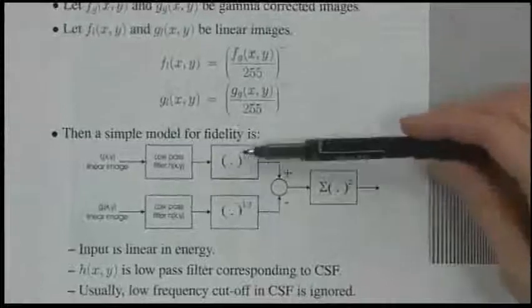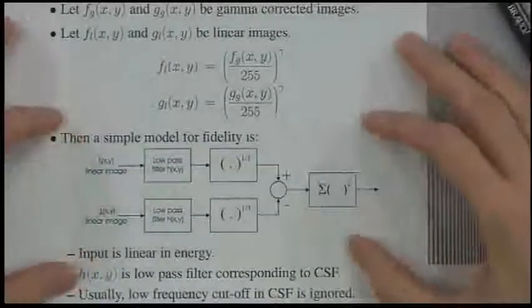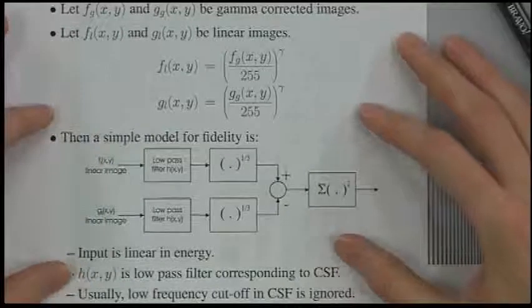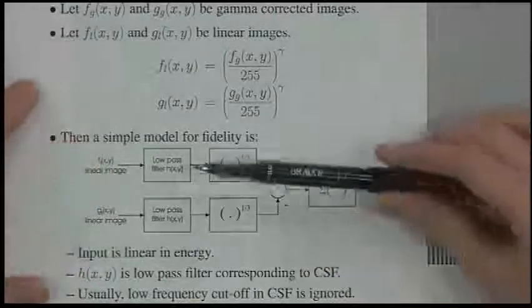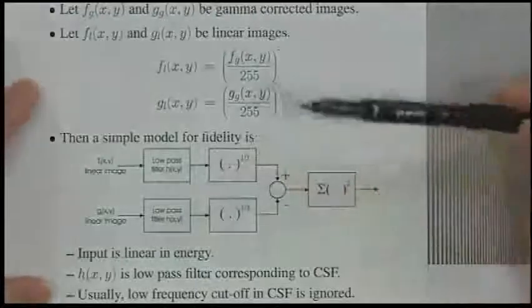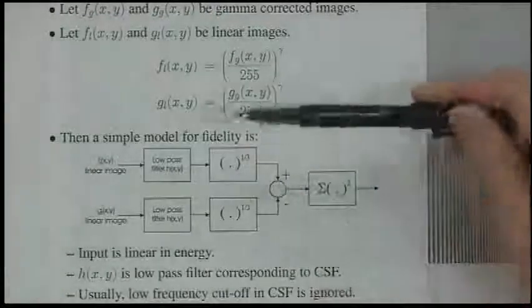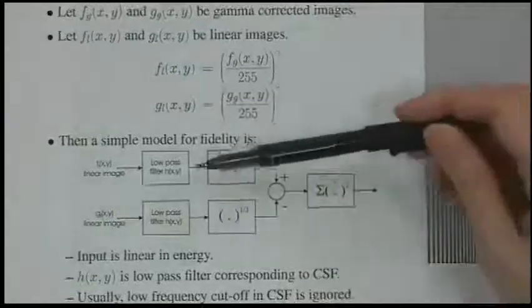So this is a typical system. This is a very simple idea of measuring the fidelity, measuring the difference between two images, how closely the two images coming in match. Now, there's a couple things going on. We only have a few minutes, so I'll be a little brief in describing this.